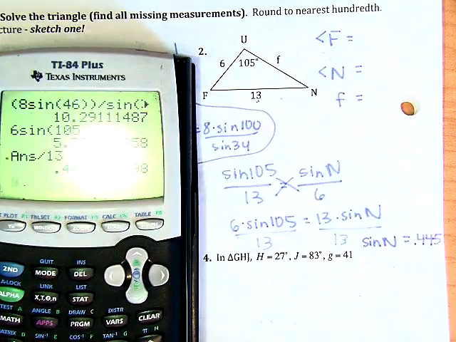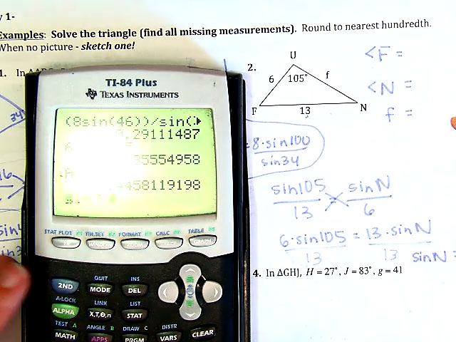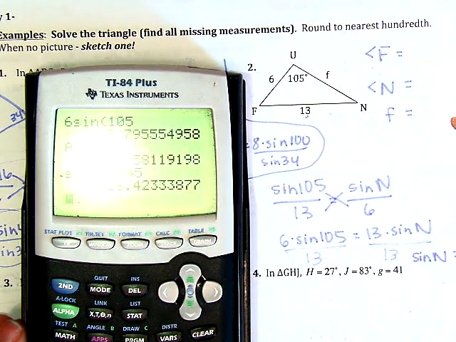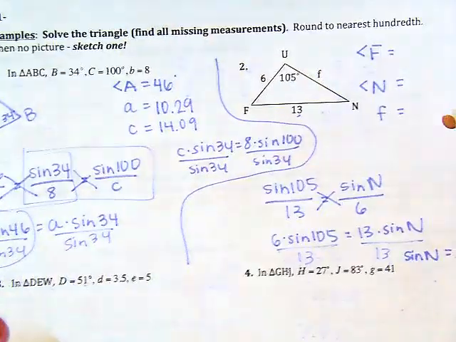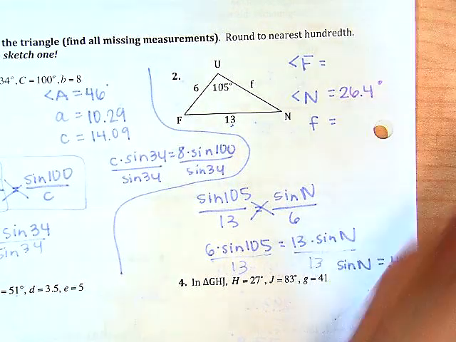Now to go from here, I need to get rid of that sine, so I'm using inverse. Sine inverse of 0.445 gives me 26.4 degrees. So angle N is 26.4 degrees.